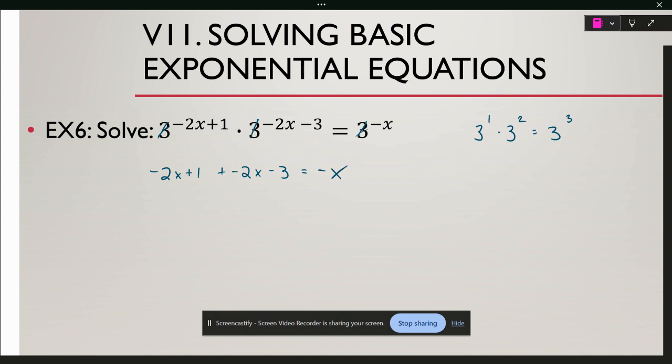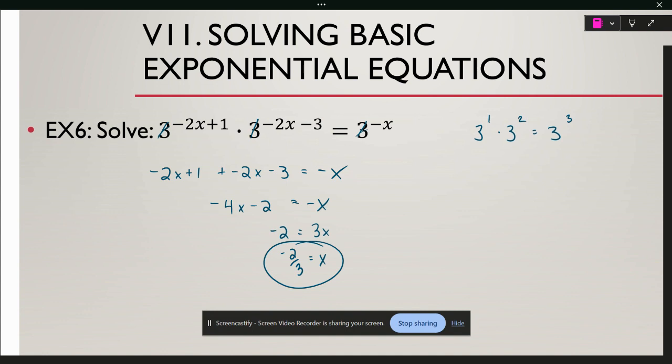Okay, so now it's incorporating some of the laws of exponents. From here, we can solve. This is going to create negative 4x minus 2 equals negative x, or 3x equals negative 2, and x is equal to negative 2/3. Okay.